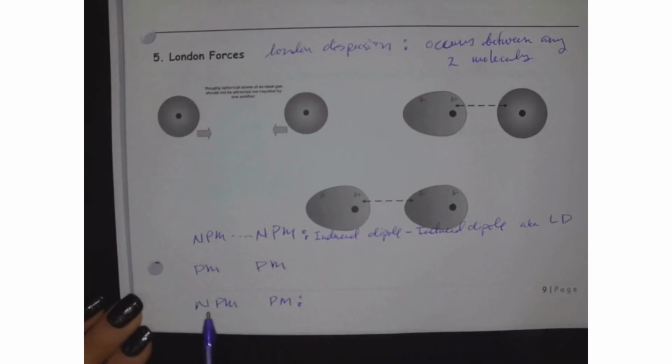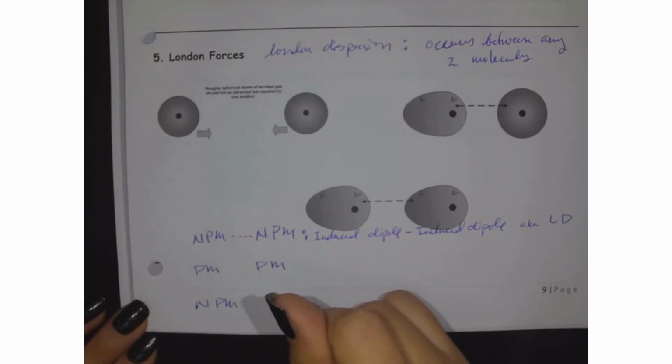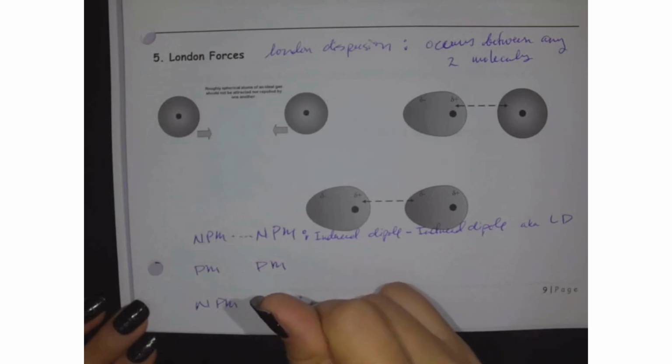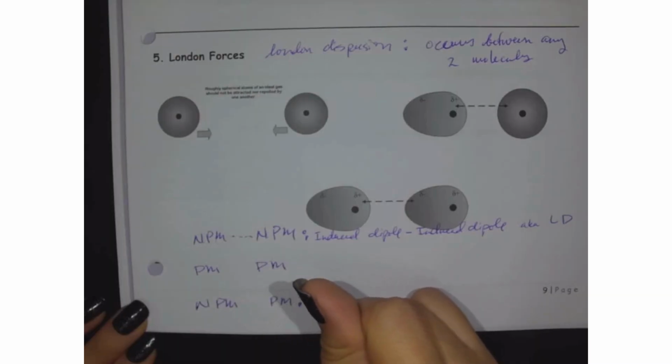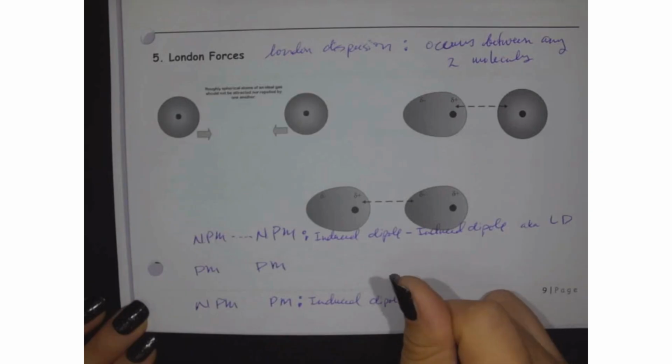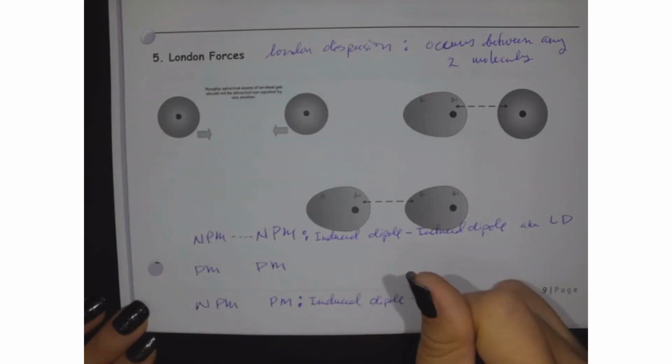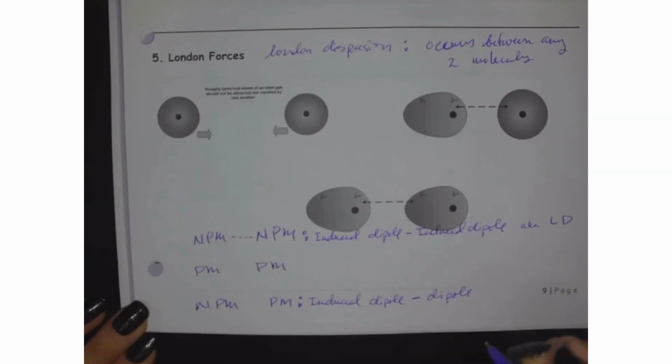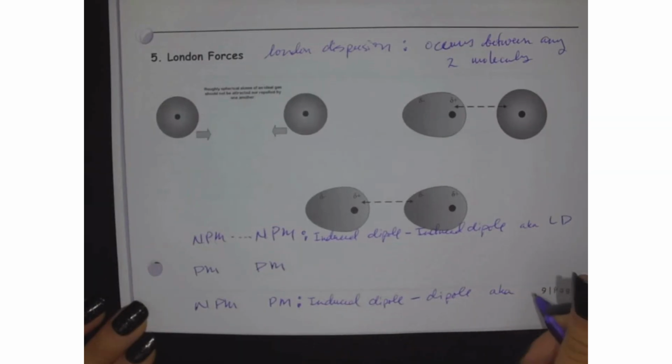Now, if it's a nonpolar molecule and a polar molecule, then this would be an induced dipole, because that's our nonpolar molecule, with our polar molecule, which is dipole. So it's an induced dipole, dipole. But again, AKA, it is a type of London dispersion.